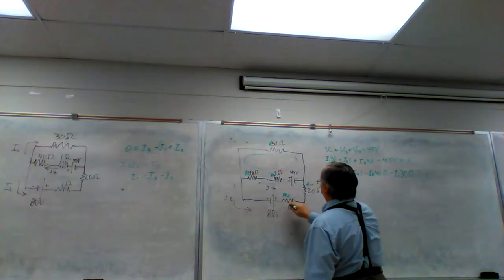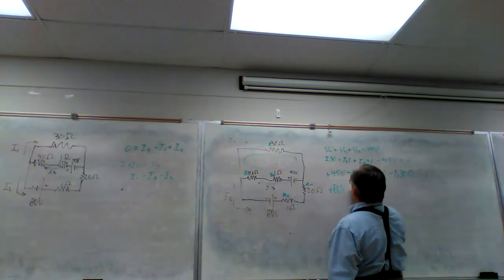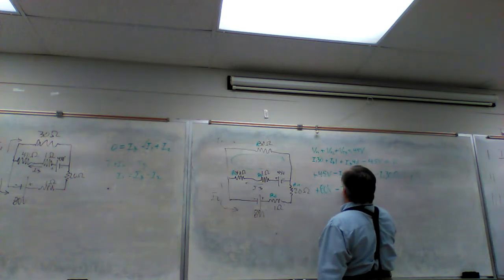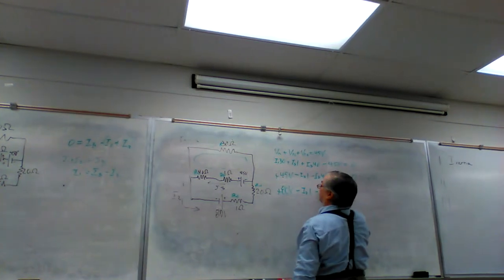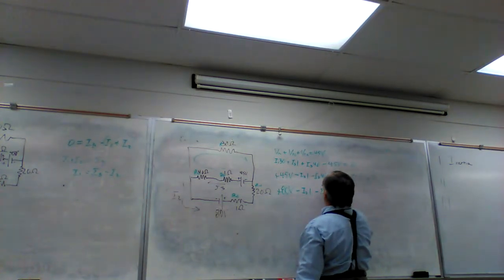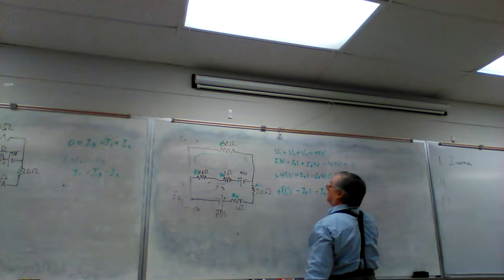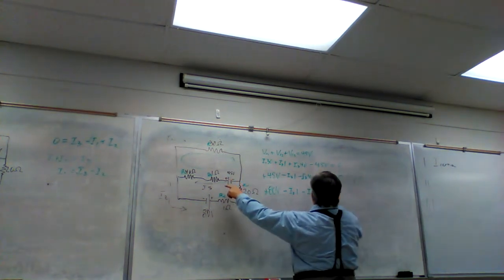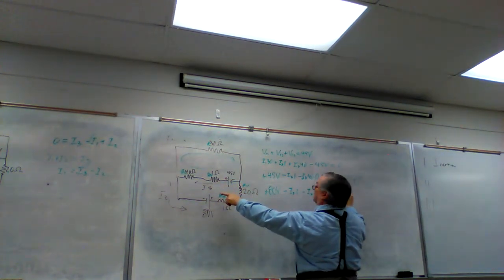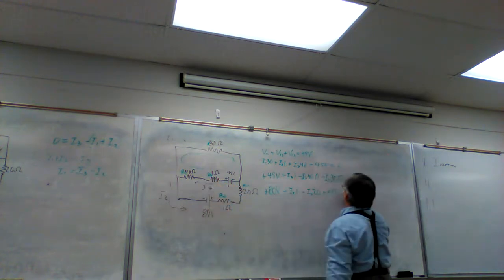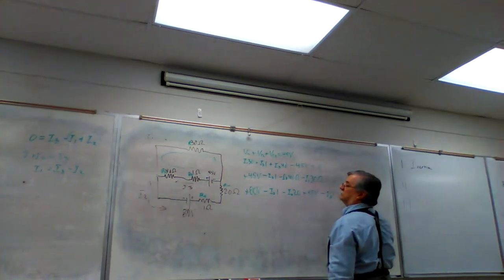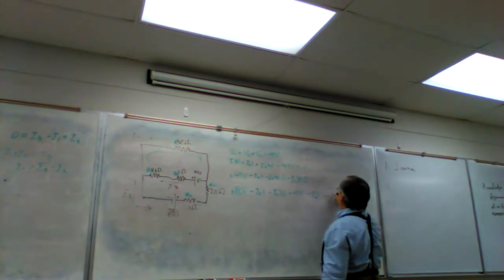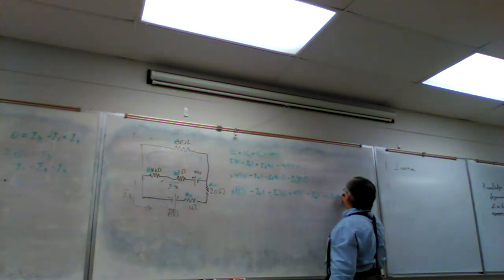So it's then going to go to a lower voltage here, so it'll be minus I2 times 1 ohm, minus I2 times 20 ohms, plus 45 volts, minus I3 times 1 ohm, minus I3 times 40 ohms.